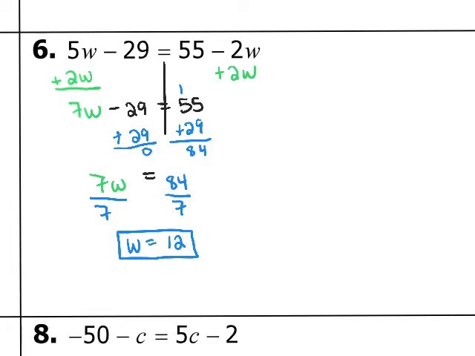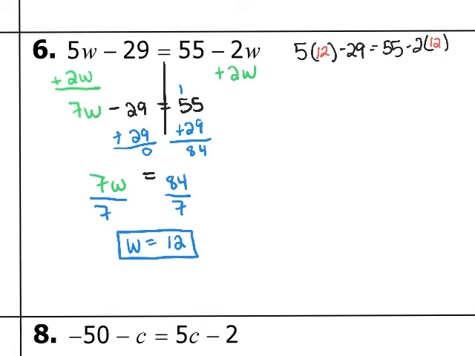Let's go. We've at least learned we should check our work. So we're going to put in the value we said w is equal to every time we see a w.